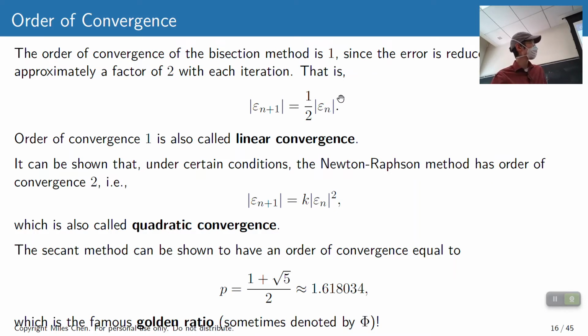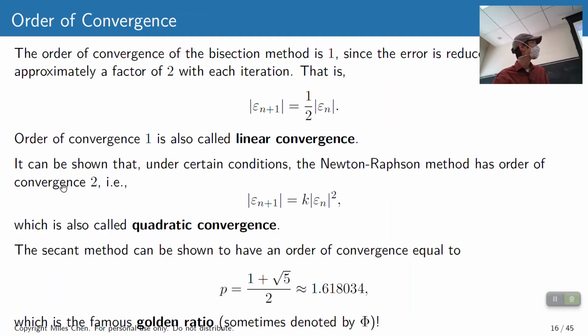The order of convergence is just 1 because the next error is just your current error divided by 2. We're not raising the current error to some power, we're just multiplying it by 1/2. So it's linear convergence. We are shrinking our error every iteration, but it's not something raised to some power.